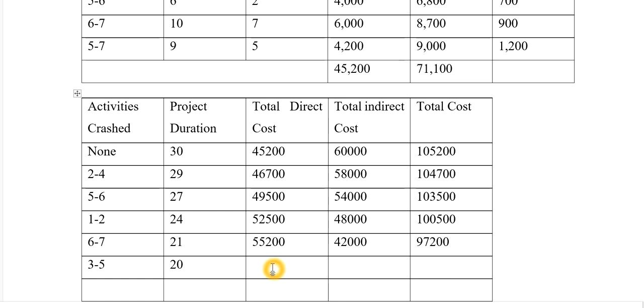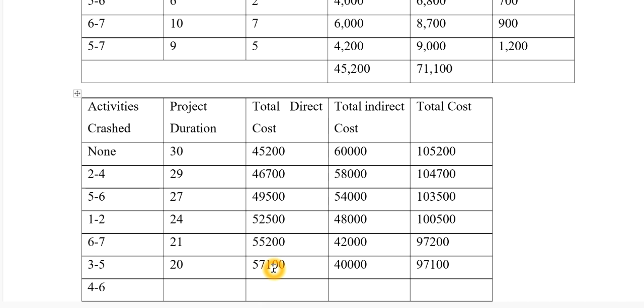So it comes to 57,100. Here 20 into 2,000, 40,000. And the total cost is 97,100. Okay. So the next activity which I'm going to crash in the next diagram is 4 to 6. So I'm already writing 4 to 6 here.